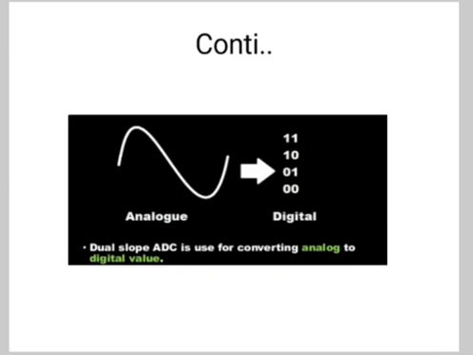When the comparator output is low, the integrator is allowed to charge the capacitor in a linear fashion. Meanwhile, the counter is counting up at a rate fixed by the precision clock frequency.